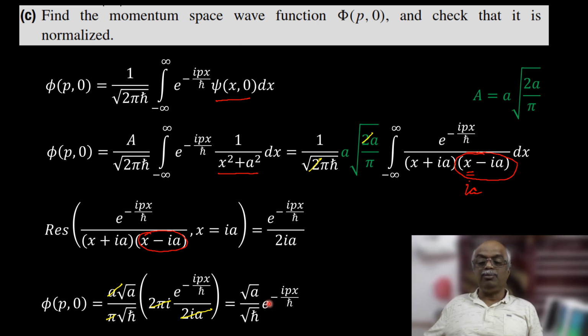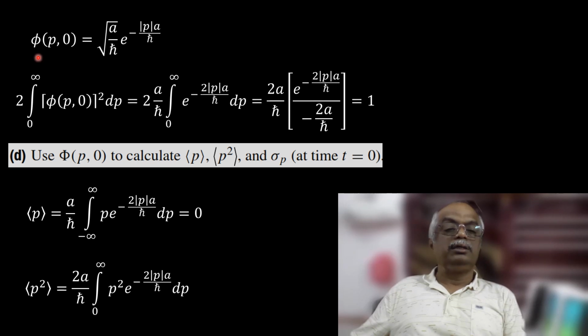This is the momentum space wave function. Now we got the momentum wave function: the square root of a divided by h cross, e power minus modulus of p a over h cross.